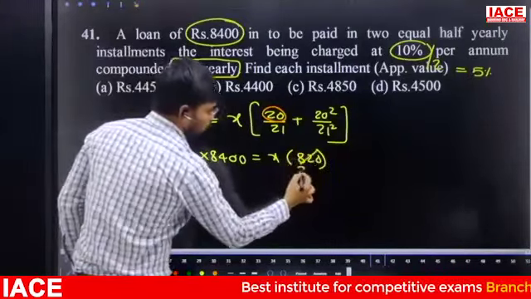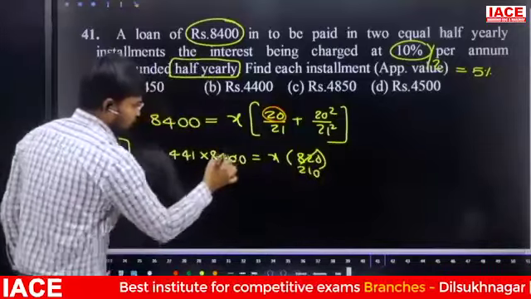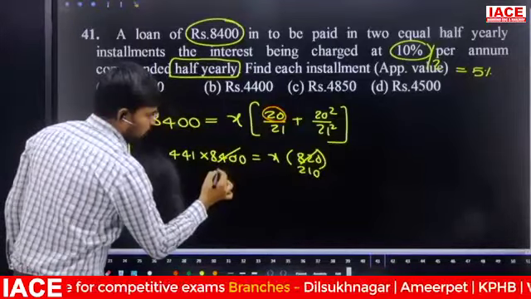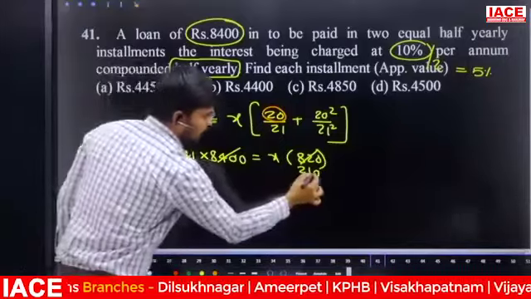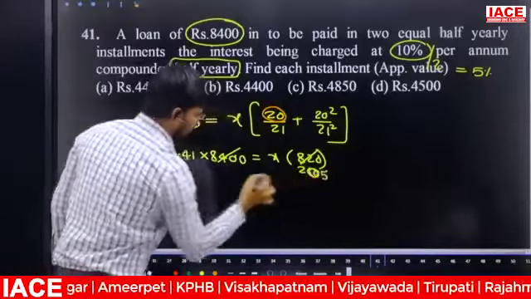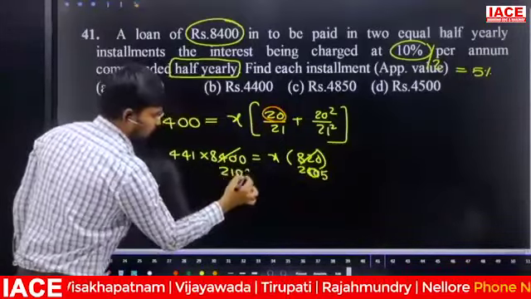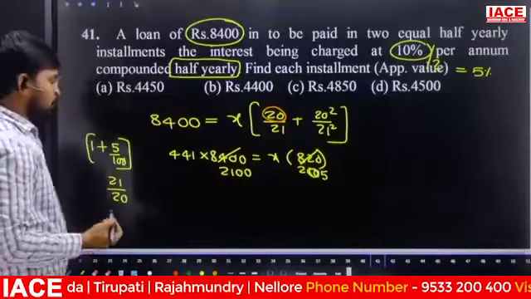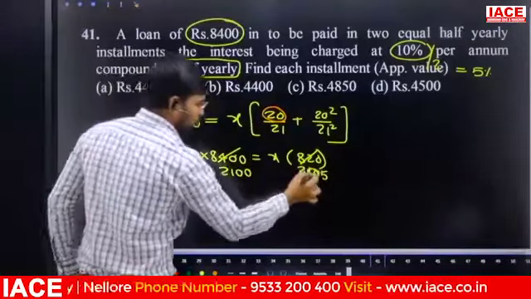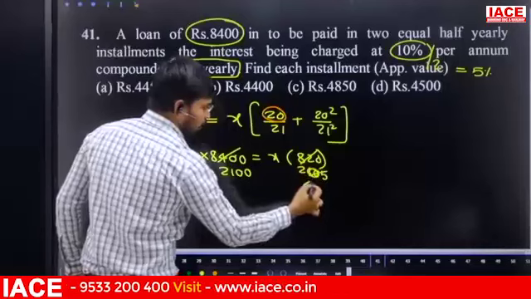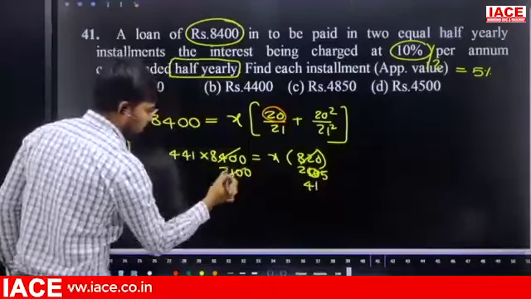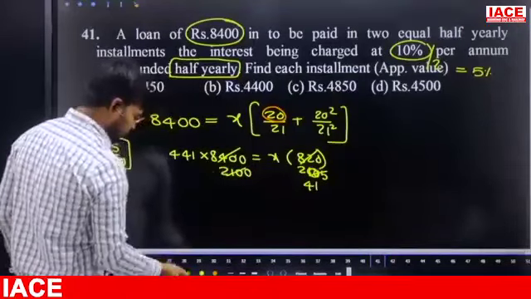So 4 2s are 10 times, 2,100. Now 5 table. So 5 4s are, 5 1s are 41 times 5. I think 20 table and directly cancel, right.